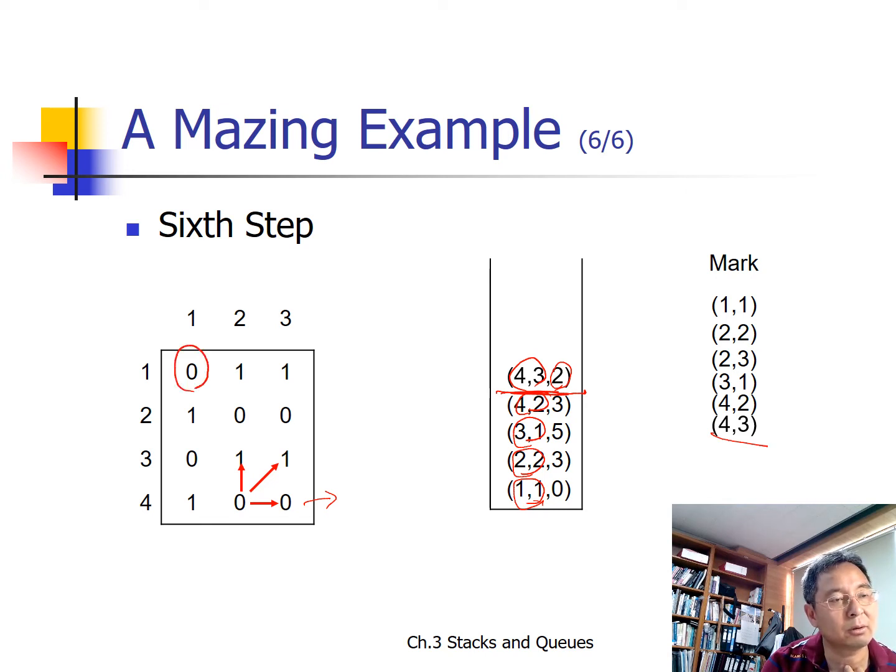Okay, 1, 1 and 2, 2 and 3, 1 and 4, 2 and 4, 3. Okay, it is a successful through path, and it is a solution of the maze problem of this example.